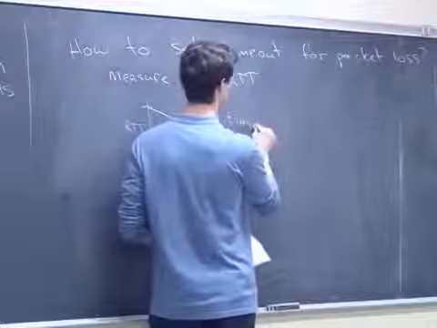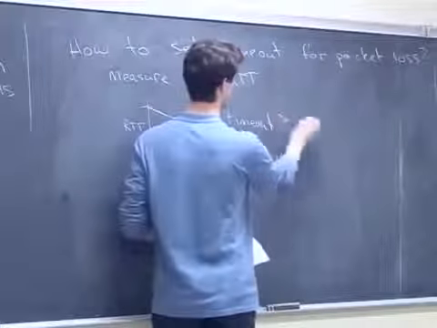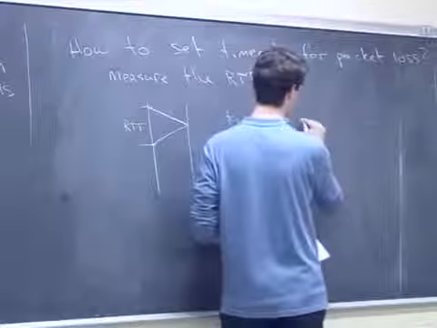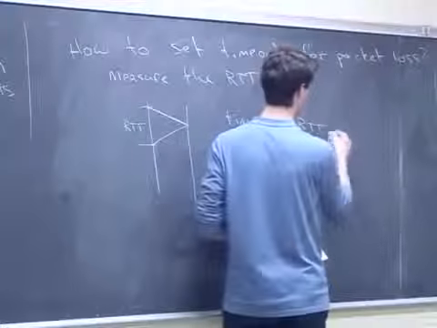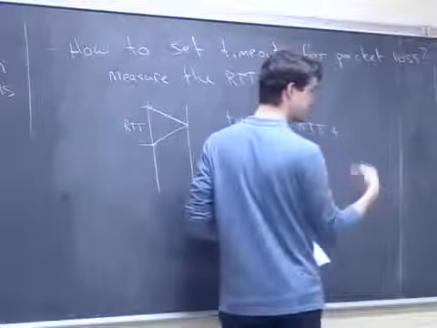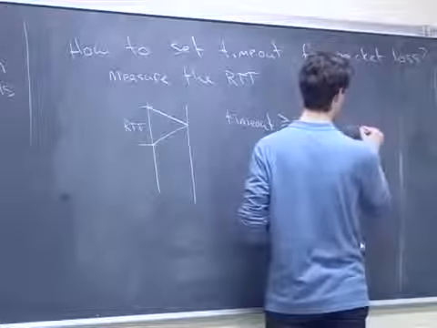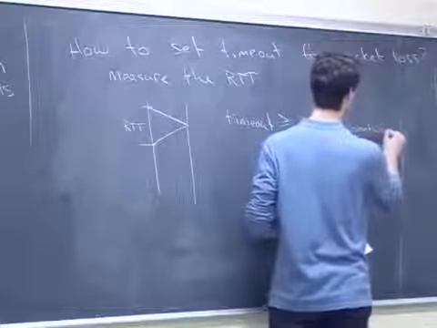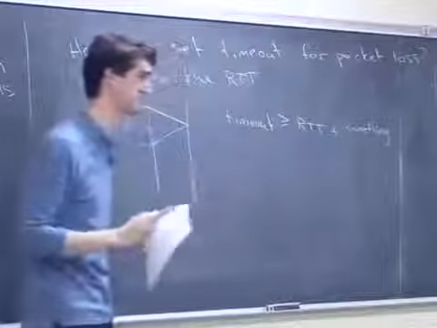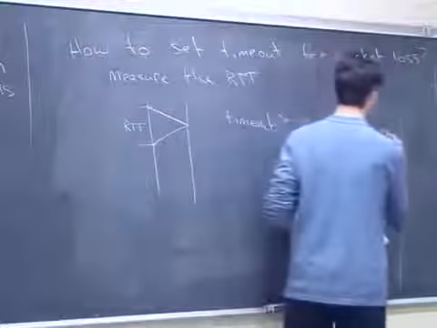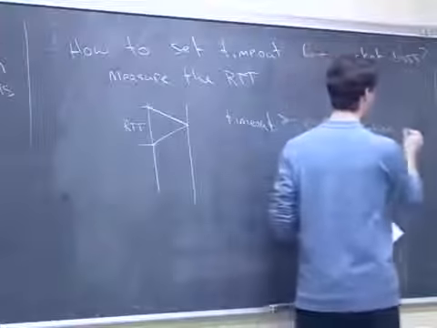So the timeout is greater than or equal to the round trip time, plus something to account for variance. I'm just going to say something, because you don't need to know exactly what the formula is. Just know that we add a little bit on there.